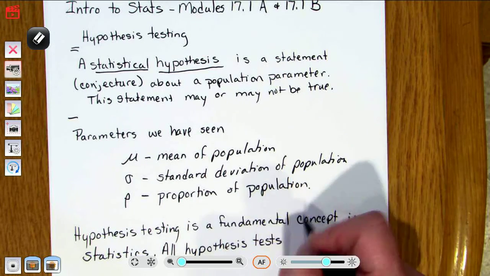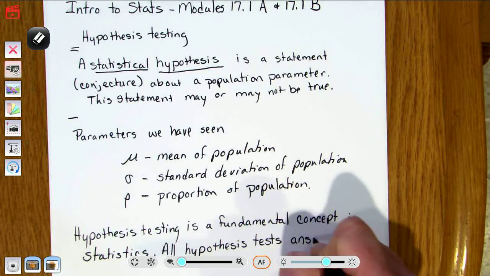So first of all, hypothesis tests answer the same question.